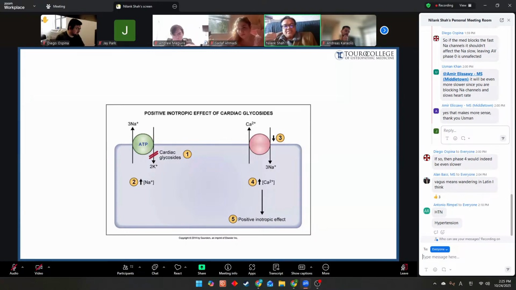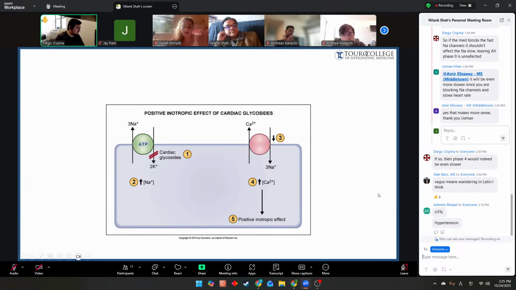Okay, so what is the basis of using cardiac glycosides in congestive heart failure? What is the mechanism? Yes. So by reducing the action of the sodium potassium pump using the cardiac glycosides, you increase the amount of sodium, and that sodium gradient is used by the sodium calcium exchanger, or counter transporter.